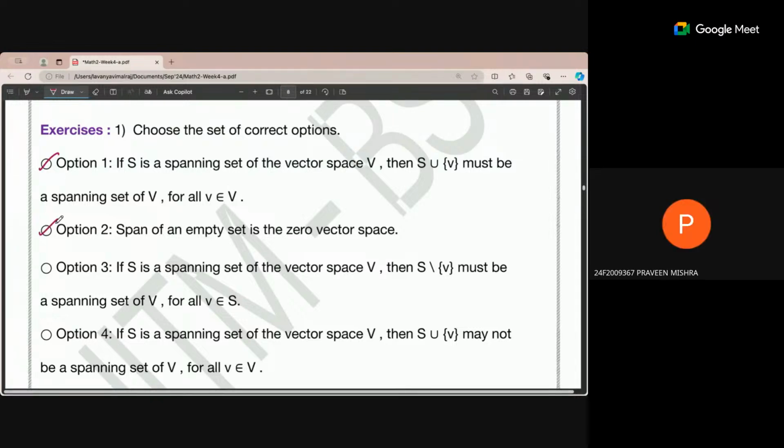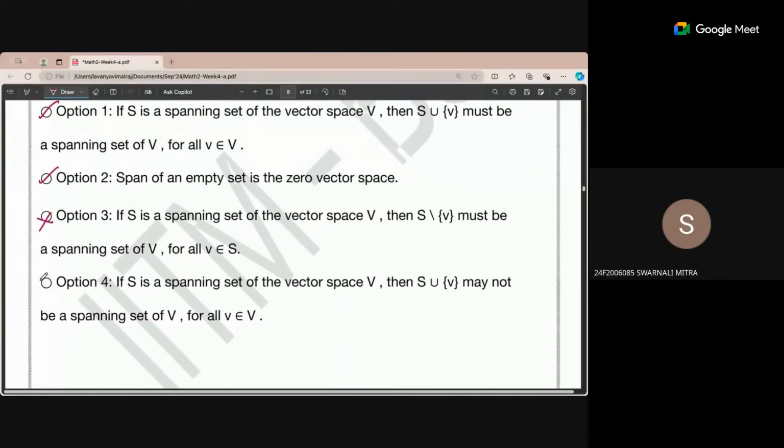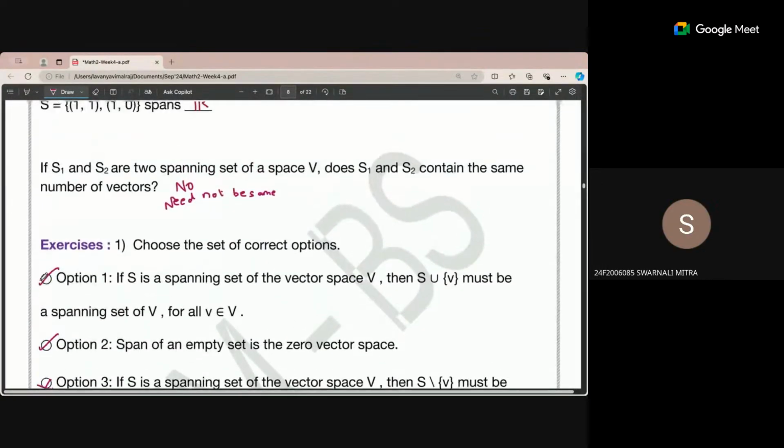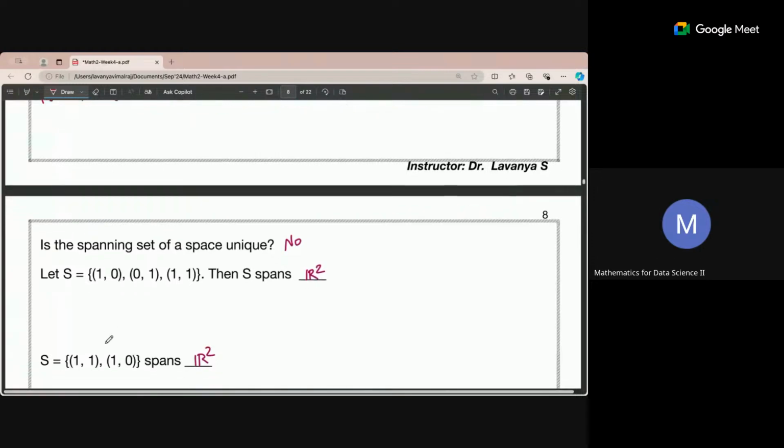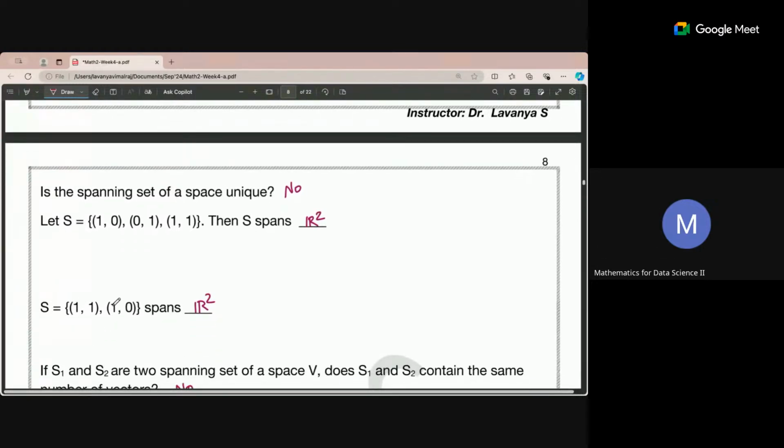True. If S is a spanning set of the vector space V, then S minus {v} must be a spanning set of V. Is that true? Not always, so false. What does this statement mean, option 3? Suppose you are considering this set and you are leaving out one vector, can it still span R2?